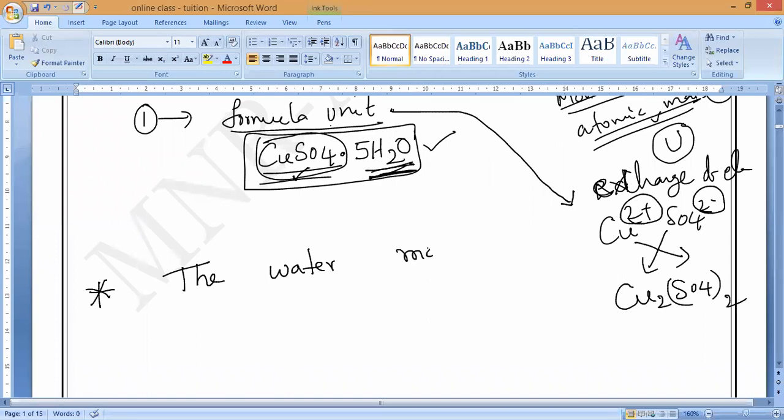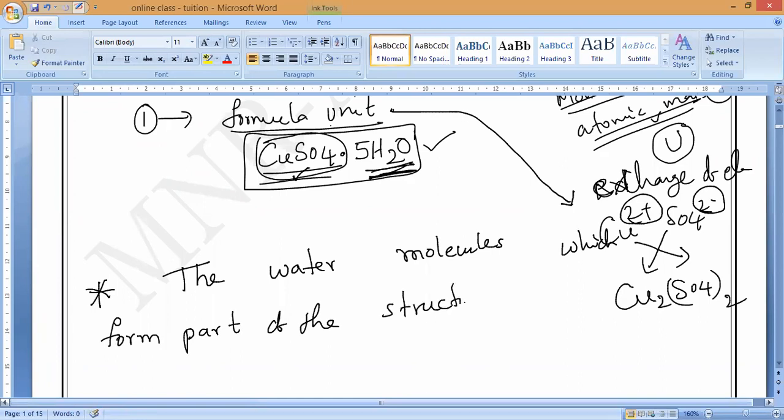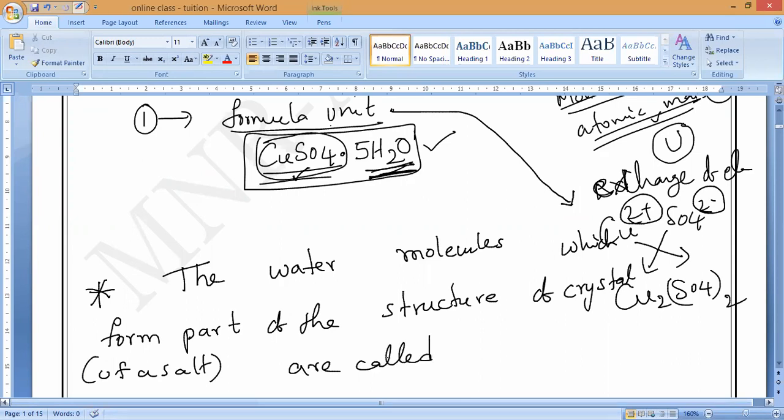The water molecules which form a part of the structure of a crystal of a salt are called water of crystallization. What should we call it, Karthikeyan?